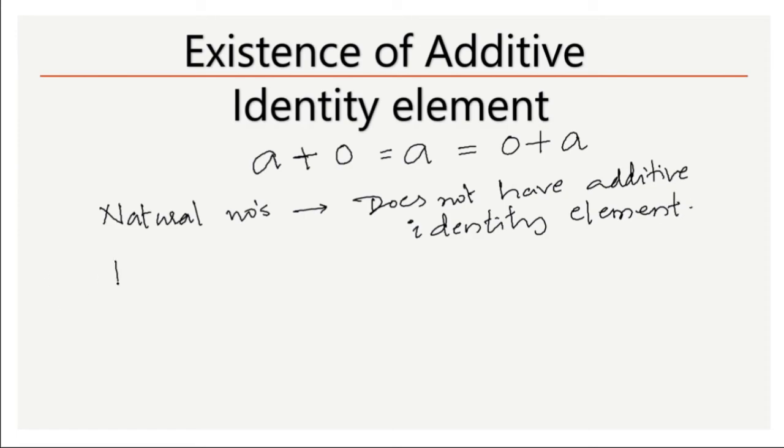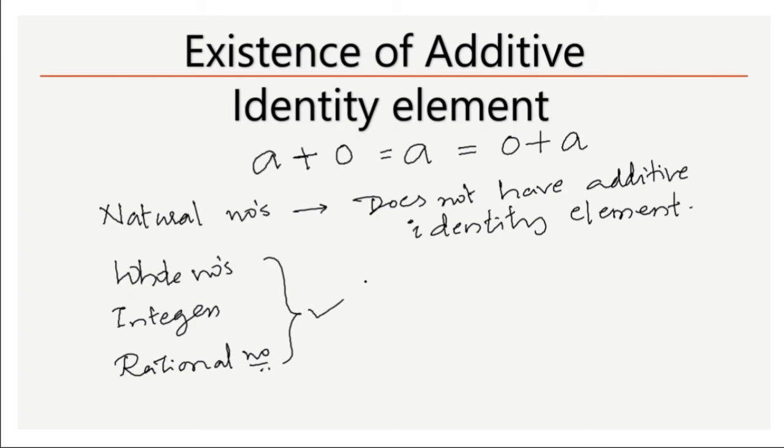If you look at the set of whole numbers, integers and rational numbers, 0 is present. So the additive identity element is present in the set of whole numbers, in the set of integers, in the set of rational numbers, but not in natural numbers.